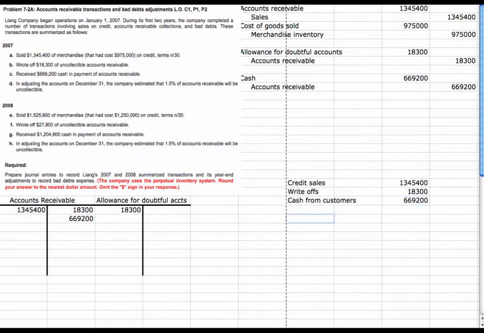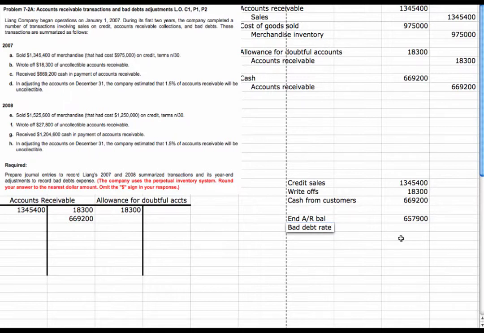So what ends up is that our ending accounts receivable balance is $1,345,400 minus the $18,300 minus the $669,200. So our ending balance is $657,900.